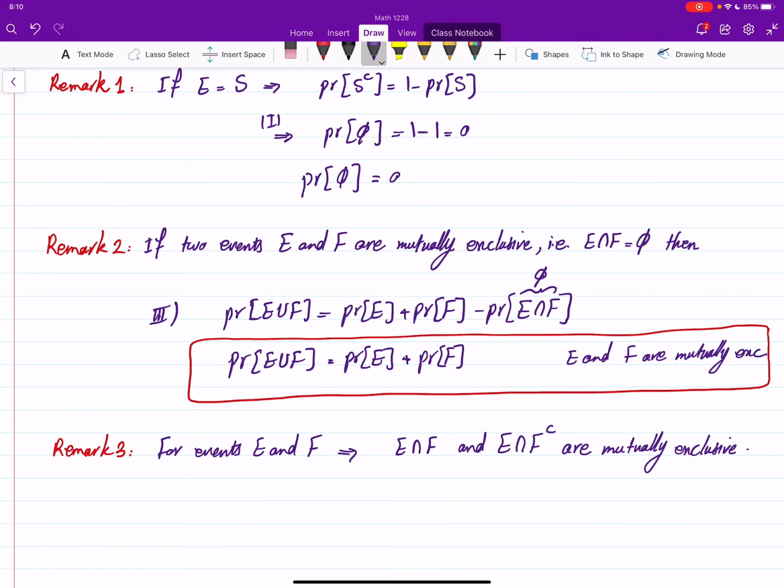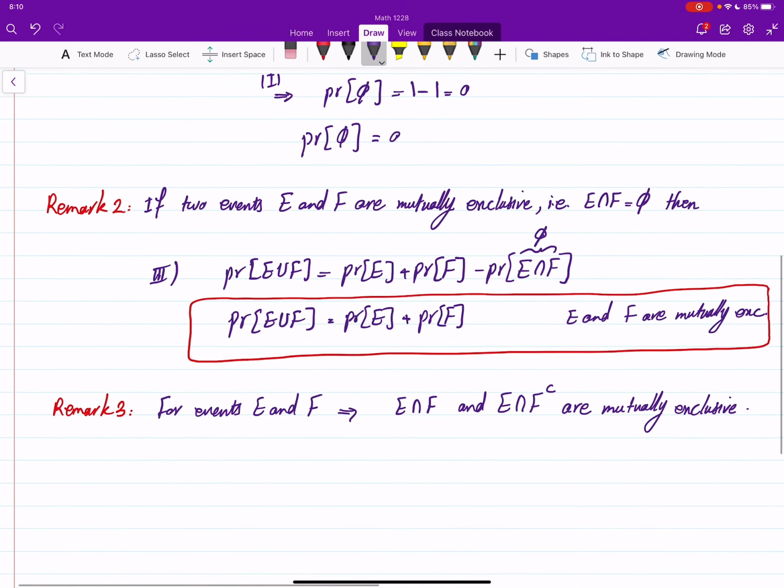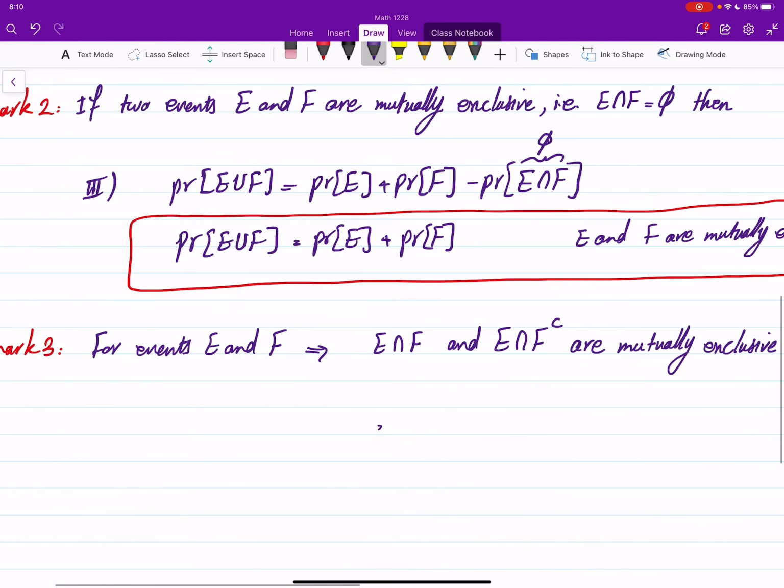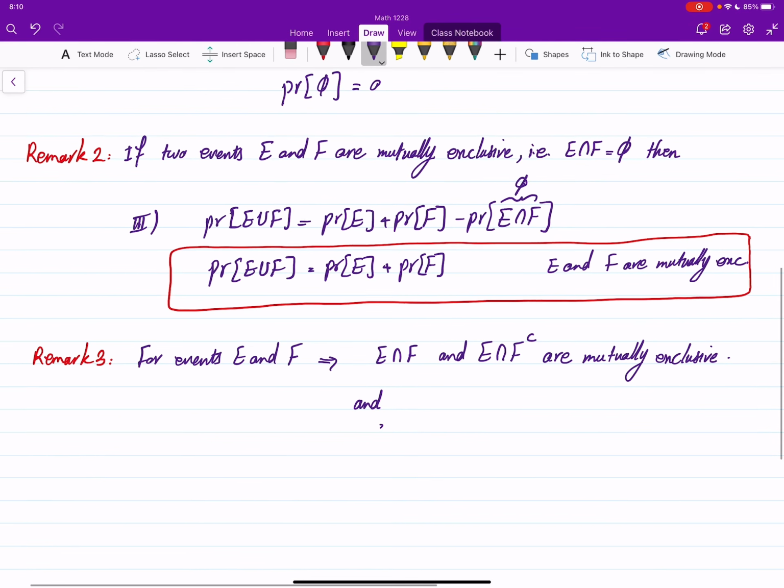You will see that if you find the intersection of these two, it will have a part where F and F complement must intersect, but there's no intersection there. And we know from set theory that the union of these two is equal to E itself.